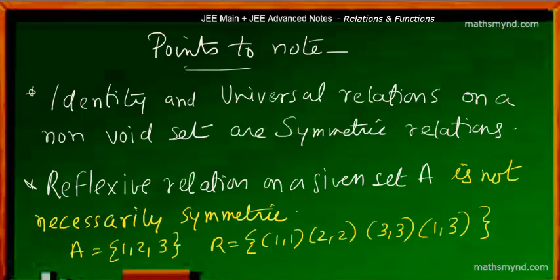That is, if the relation R has the ordered pairs 1, 1, 2, 2, 3, 3, then naturally it's a reflexive relation. Actually, it's also an identity relation. But for 1, 3, as already mentioned, there is no 3, 1. That is, the symmetric ordered pair of 1, 3 is not present, which simply means that that relation on set A having elements 1, 2, 3 is not symmetric.